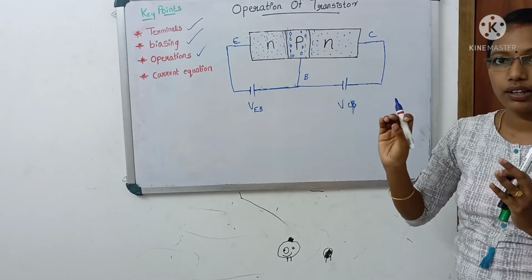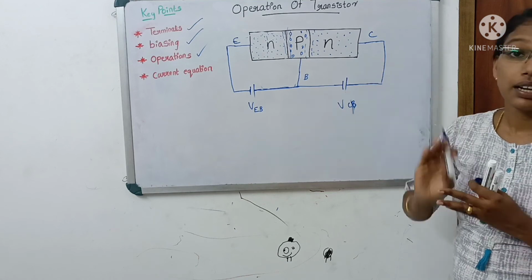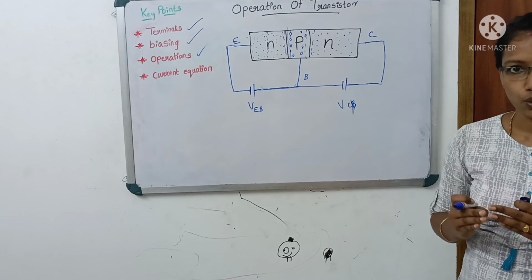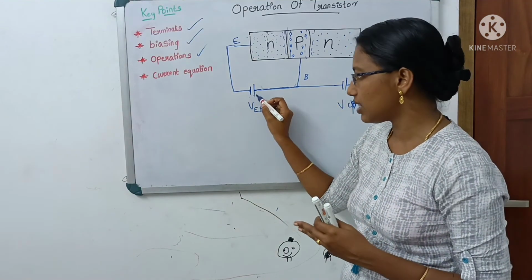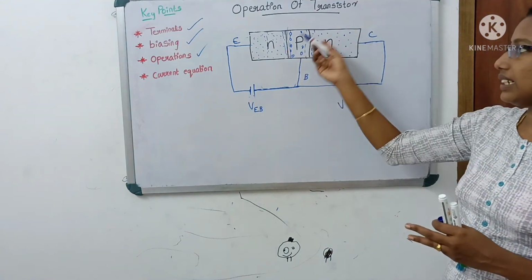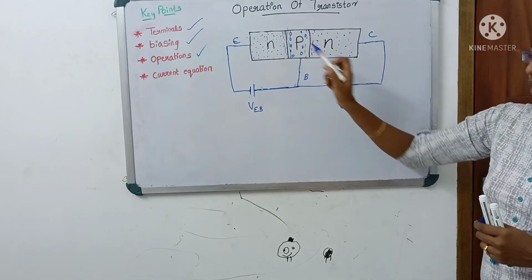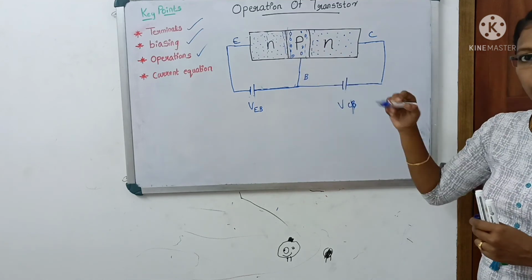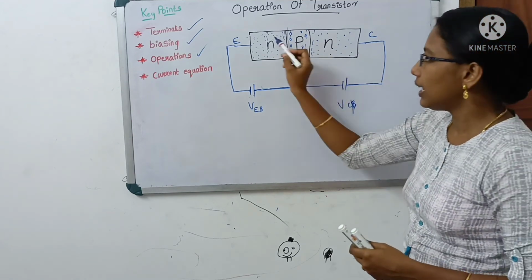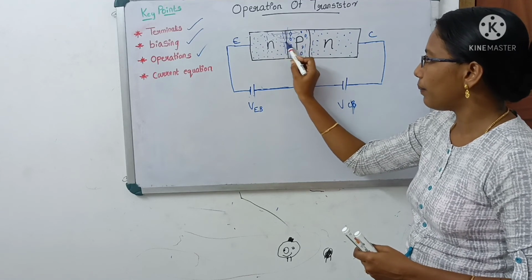The value, as we already discussed, is very low. The depletion layer width is very low and the barrier potential is reduced. So when we apply a voltage here, that voltage must be higher than the depletion potential. When this condition is satisfied, the electrons move across to the base region.